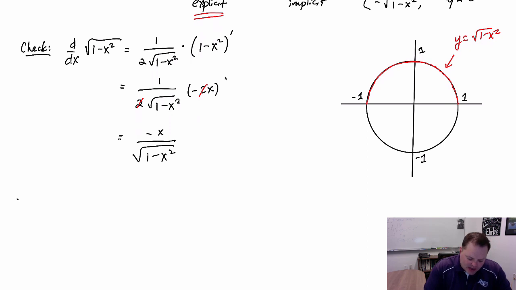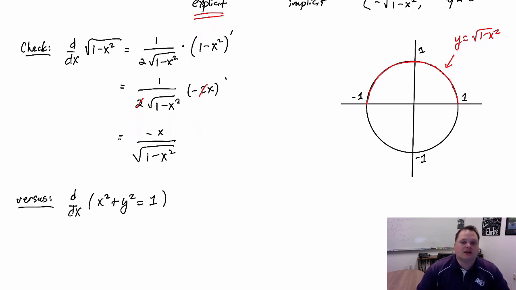Similarly, suppose I wanted to check this versus the derivative with respect to x of x squared plus y squared equals 1. Now, we haven't really differentiated anything like this before. The main difference here is that you're going to treat y as though it's some unknown function of x.